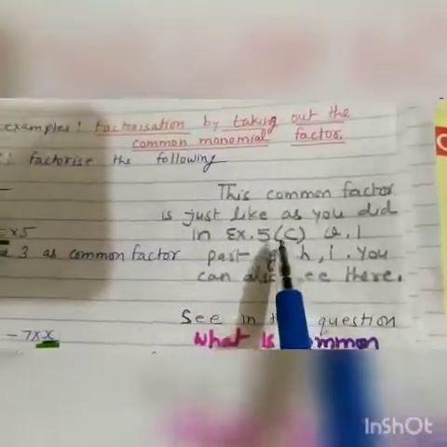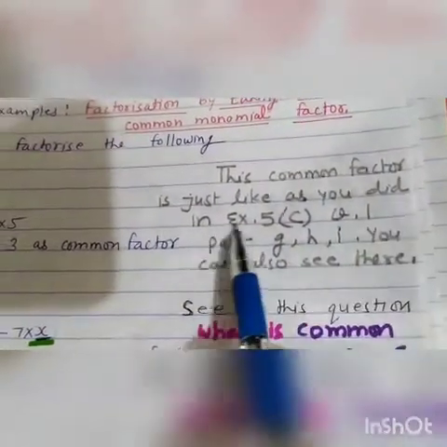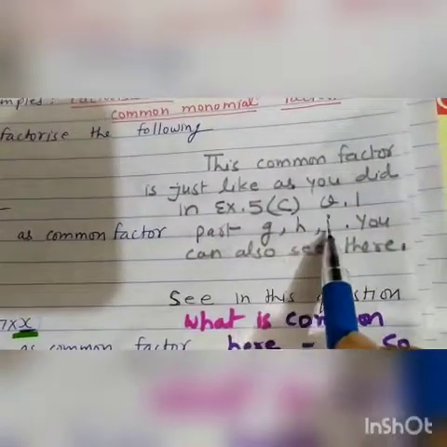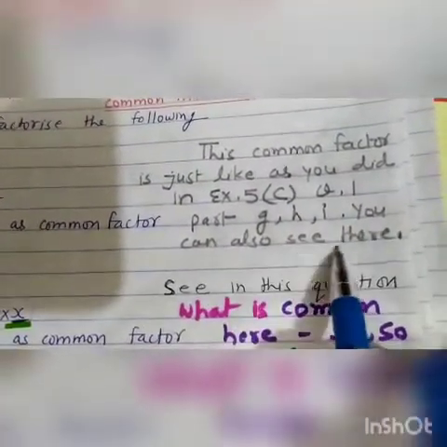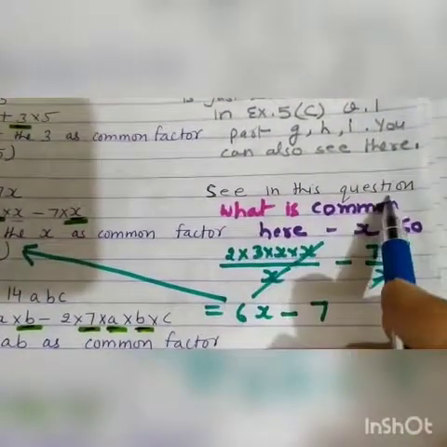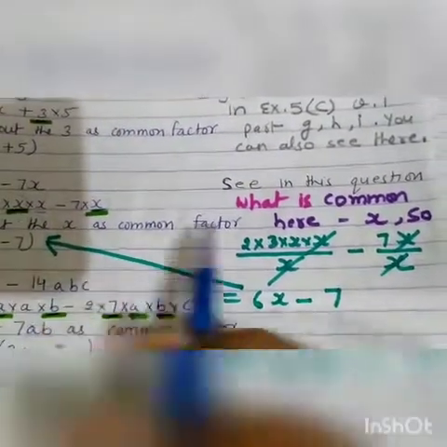See, I have written here this common factor, just like you did in exercise 5C question number 1, parts G, H, I. You can also see there. In this question, what is common here? Common is x.